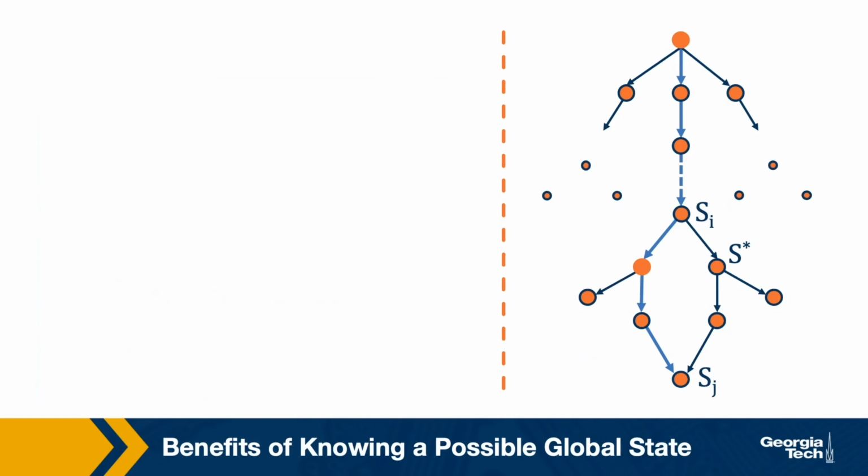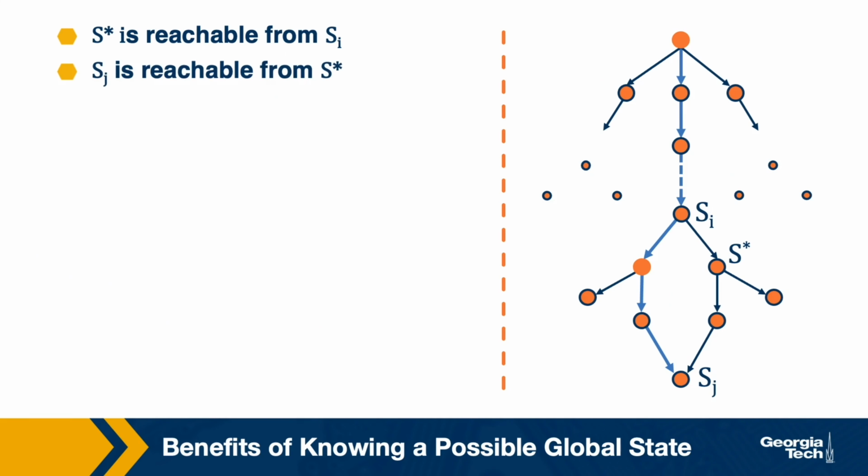So let's talk about this some more. We know that S star is reachable from the state of the system in which the algorithm was initiated. And then we also know that the final state of the system, the state in which the system indeed is when the algorithm completes, is a state Sj that is reachable from this capture state S star.